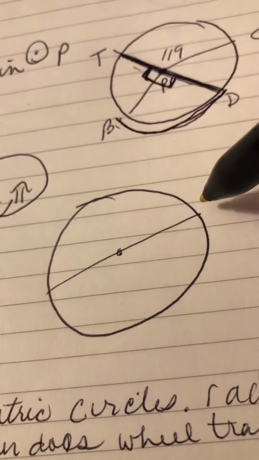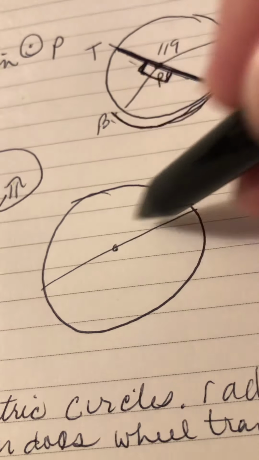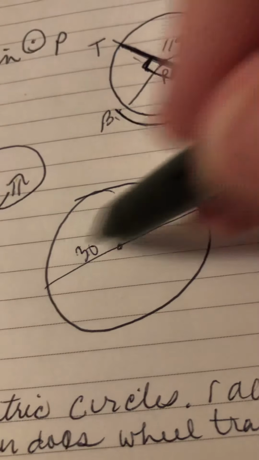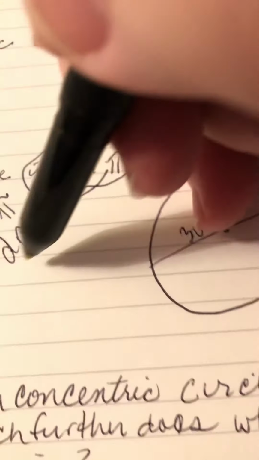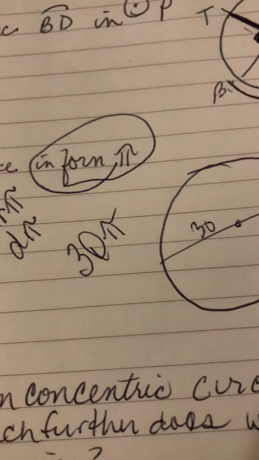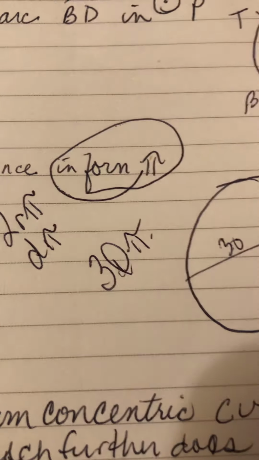I must not have written everything down on this one, so let's pretend that the diameter was 30. The diameter's the whole way across. So we would write it as 30 times pi, and we wouldn't solve it, we would just leave it like that. So whatever that whole distance across is, you write it next to the pi symbol, and you're done.